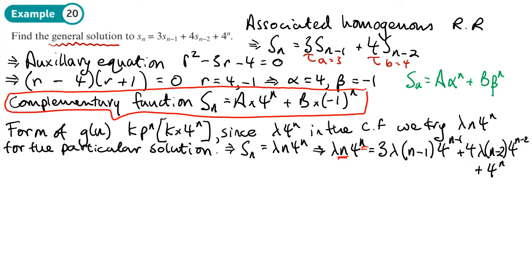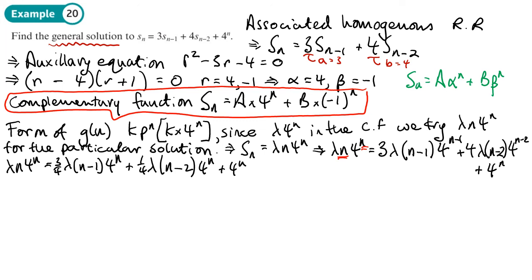So lambda n times 4 to the power n equals 3/4 lambda (n minus 1) times 4 to the power n, plus a quarter lambda (n minus 2) times 4 to the power n, plus 4 to the power n.